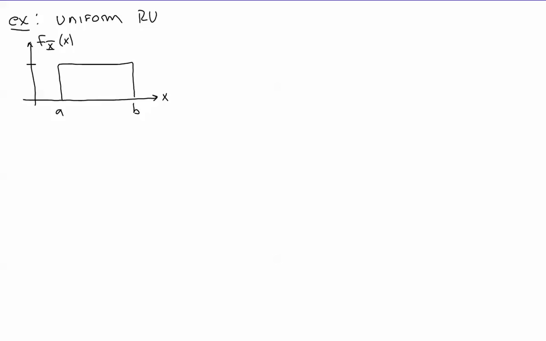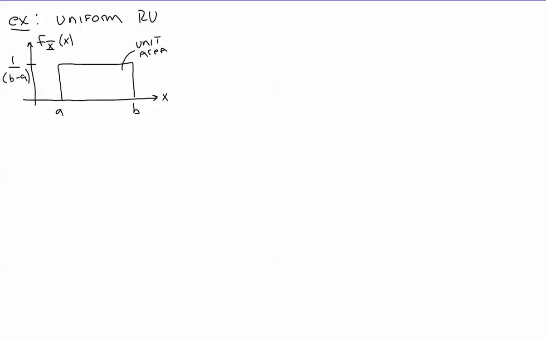The peak value is going to be 1 over b minus a. Area, of course, is going to be 1, as is the case of all probability density functions. So unit area.